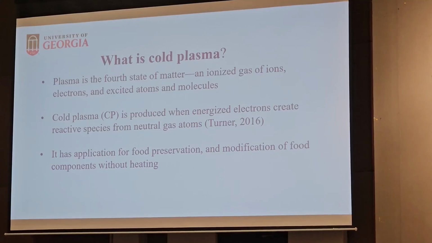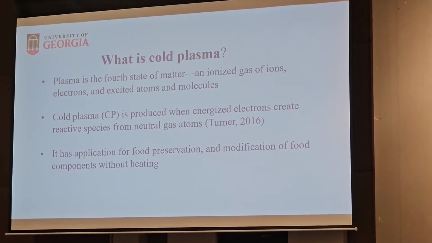Probably you all know cold plasma is the fourth state of matter. It's basically ionized gas which contains ions, electrons, and excited atoms and molecules. It's produced when energized electrons create reactive species from neutral gas atoms.